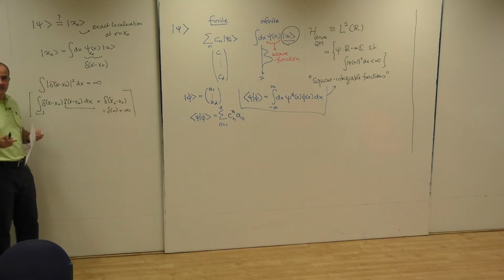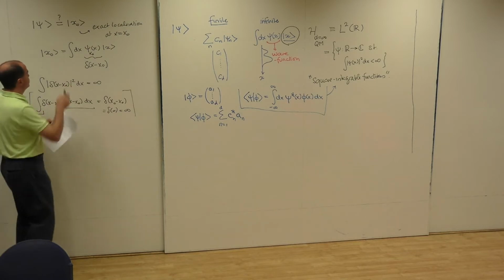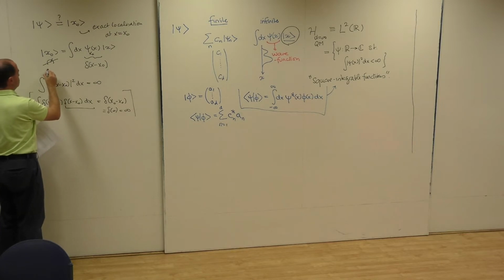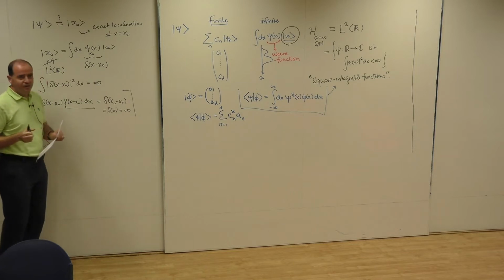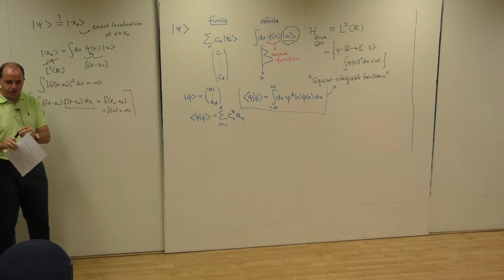But what does it mean that the square of the delta function has an infinite integral? It is not a square integrable function. So it does not belong to our Hilbert space. This does not belong to L2 of R. So here we have what I would call a kind of unpleasant situation.